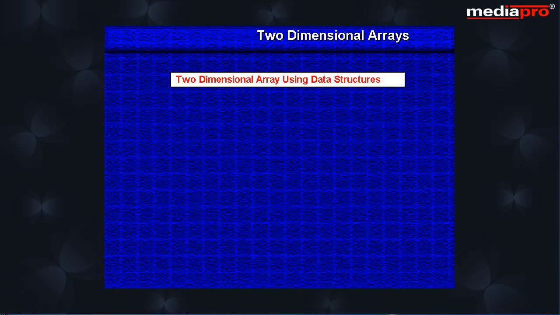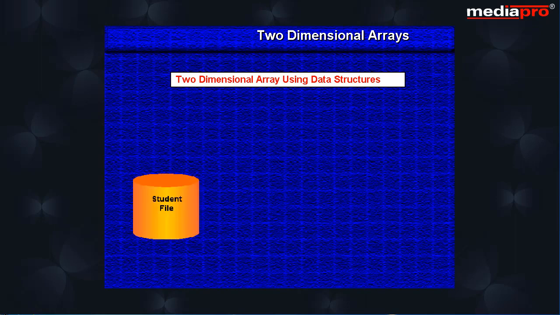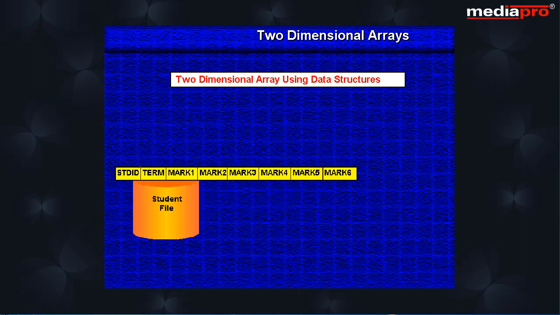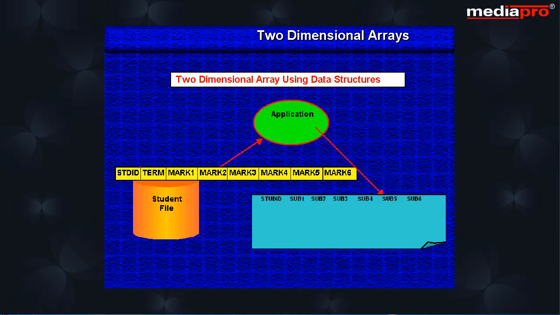We can also create 2-dimensional arrays using multiple occurrence data structures. A student file contains the marks obtained by 5 students for 6 different subjects. There is a different record for each student for each term. Our application is going to calculate the total marks for each student in each of the 6 subjects.